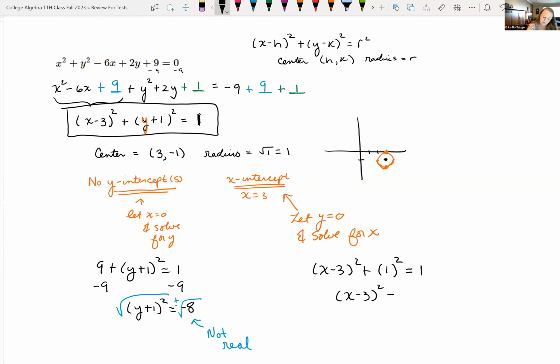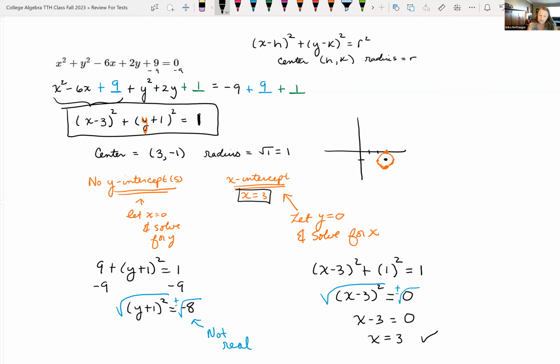So if I subtract 1 on both sides, I get 0. Now we can use the square root method. So take the square root of both sides of our equation. So I get x minus 3 is equal to plus or minus the square root of 0. Well, that's just 0. And then add 3 to both sides, I get x is equal to 3. So I showed it algebraically. I saw it visually after I graphed it.